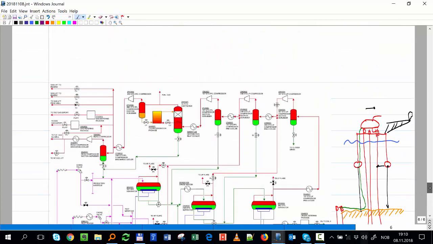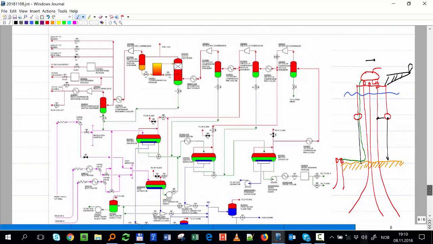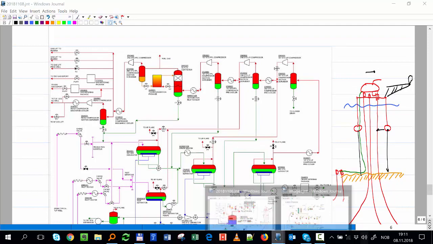So exactly, what you were saying is correct. I take that gas to inject into this riser and inject here. And here you see you have a flexible joint because this guy is moving, so you have some flexibility in the system.